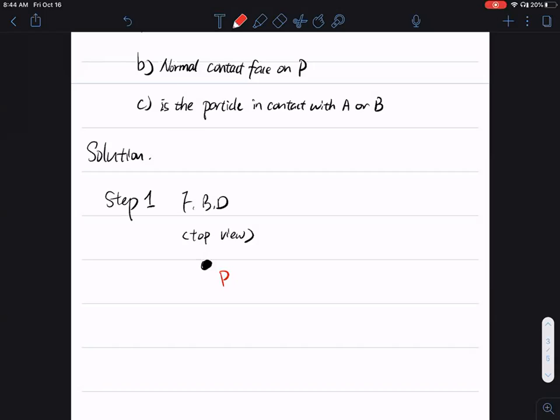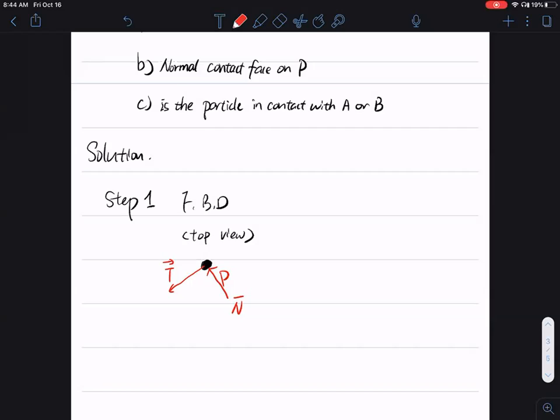So in your free body diagram, look at that particle, it's constrained by that cord. So you have a tension force from that cord. You also have a normal force from the surface. We don't know which surface. Let's assume that the normal force goes in that direction.